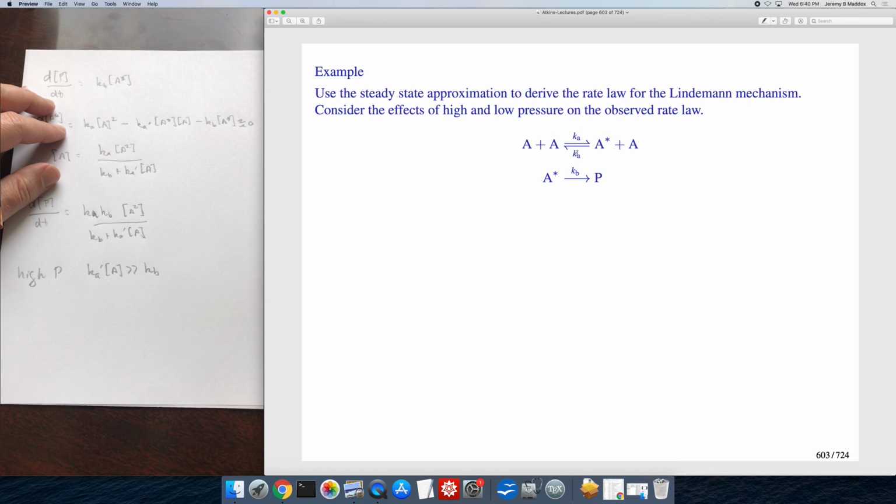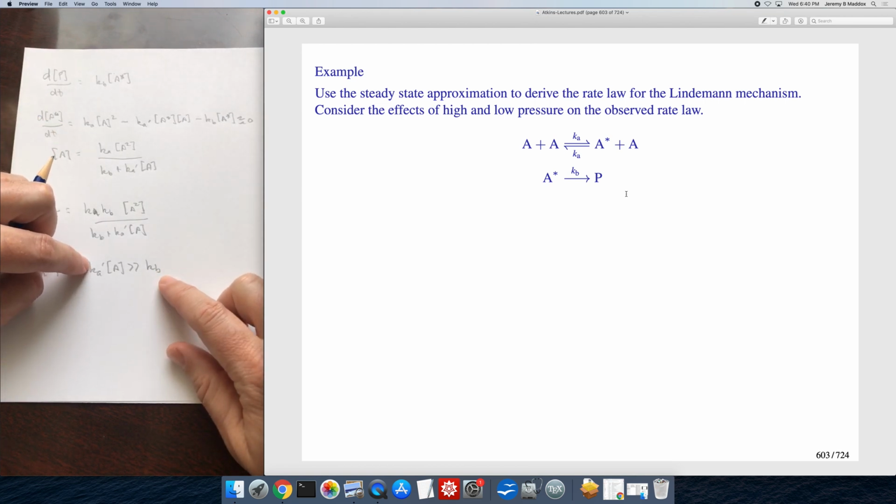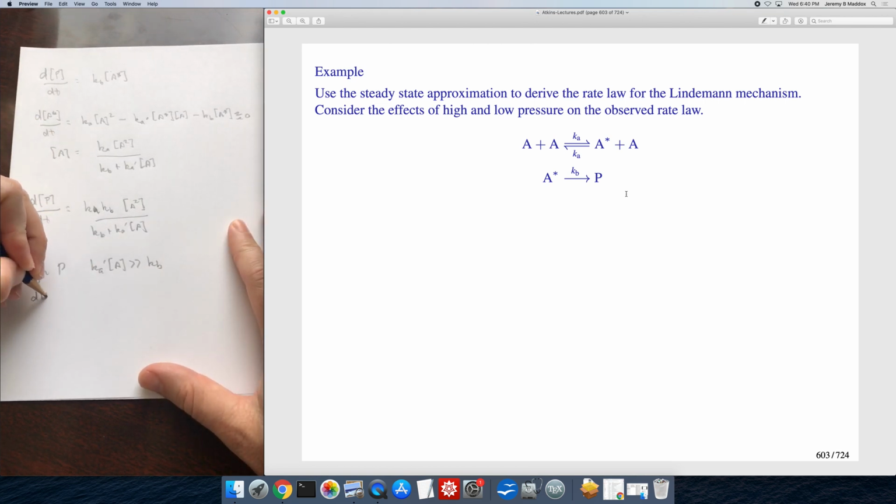Okay, so what it means is there'll be less time available for the excited molecule to form the products. If it's constantly colliding with other A molecules, then the de-excitation step is going to be favored over the reaction pathway.